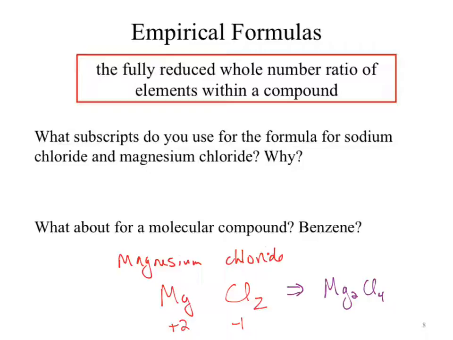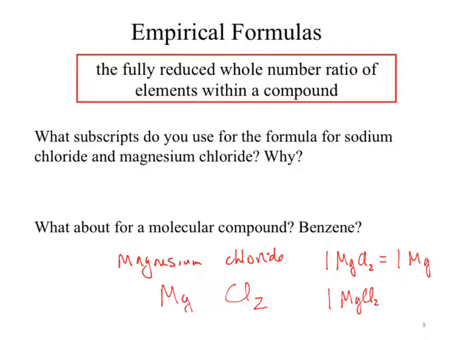So when we look at the formula for MgCl2, what does it mean? I give you 1 magnesium chloride. What does that equal? 1 magnesium and 2 chloride. 1 magnesium chloride, that's a Cl2, gets you 2 chlorides. That's what the formula gets you.